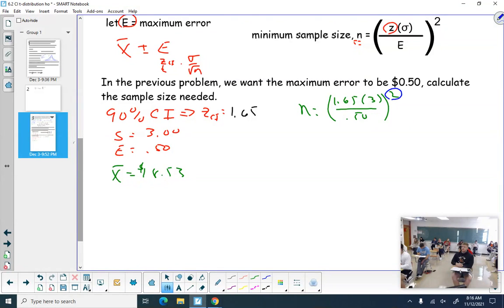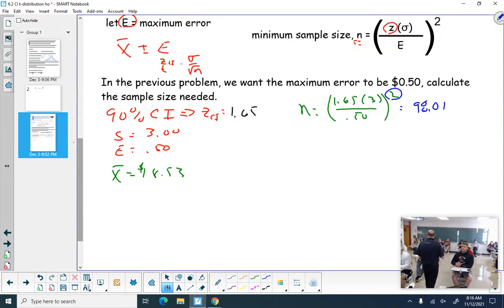Remember to make sure we square it as we go through this. Emma, what did it come down to? 98.01.